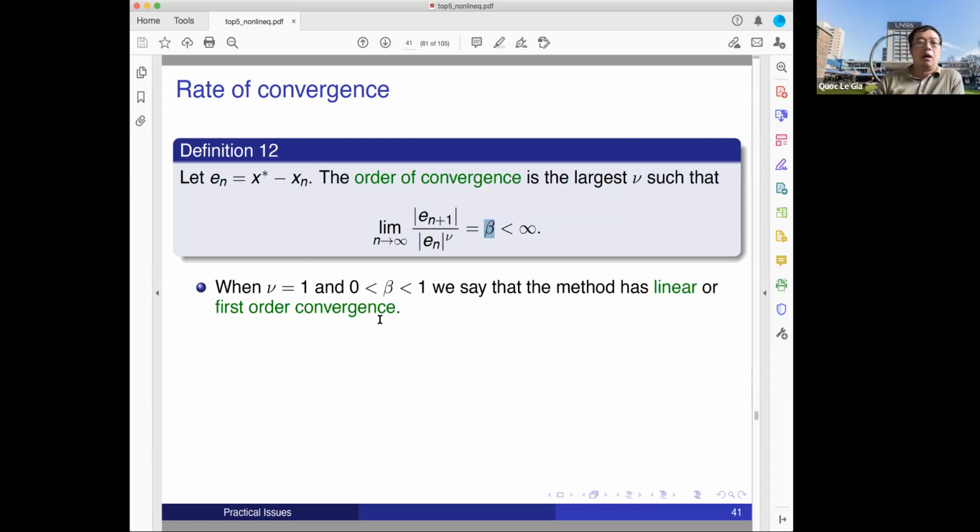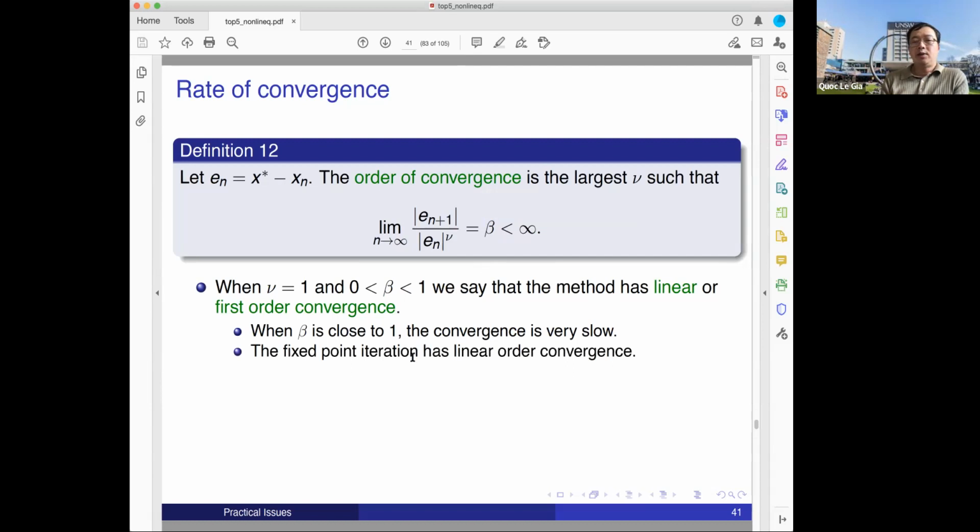And if beta is close to 1, then the convergence is very slow, because every time the errors get smaller, but only by a very tiny bit. Like if the constant is 0.9, then 0.9 to the power n is very slow.